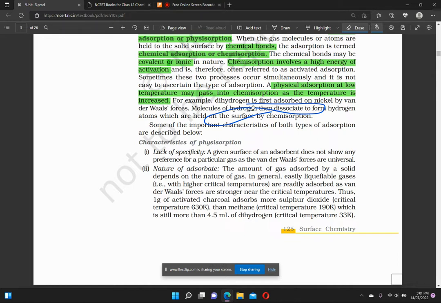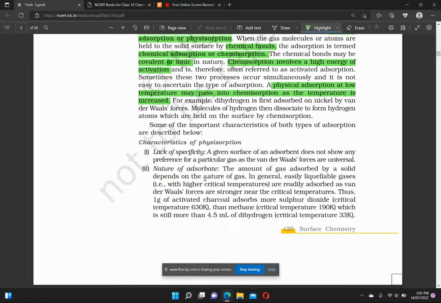For example, dihydrogen is first adsorbed on nickel by van der Waals forces. Molecules of hydrogen then dissociate to form hydrogen atoms, which are held on the surface by chemisorption. So this is an example that physical adsorption at lower temperature may pass into chemisorption as the temperature is increased. When temperature increases, physisorption can change into chemisorption.